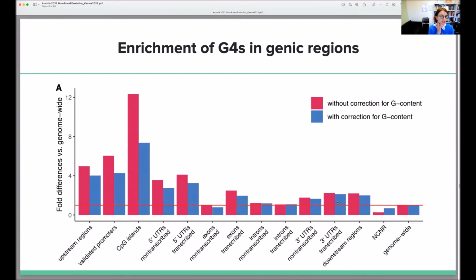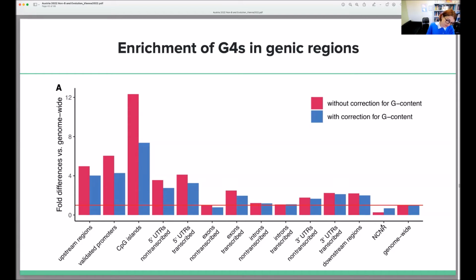So we first looked at enrichment of G quadruplexes in different genic regions. Here we're looking at upstream regions, promoters validated in the lab, CpG islands, UTRs, exons, introns, 3' UTRs, downstream regions.